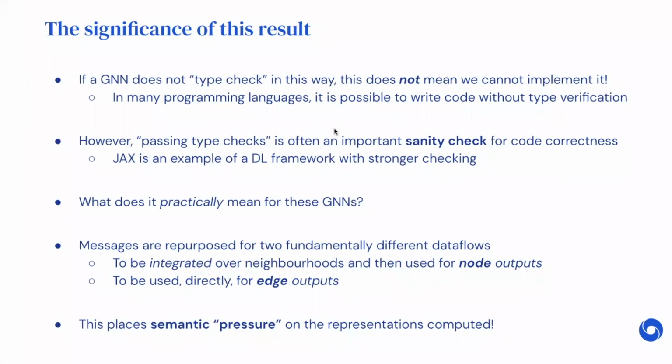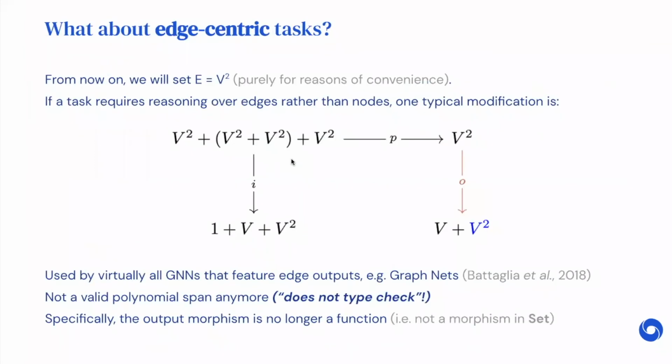So what does this practically mean for those GNNs, right? Well, if you look at this previous diagram, your message on V squared is now being used for two different things, right? It's being used to predict an output on the level of the nodes and also to predict an output on the level of the edges. And for the first one of those, it needs to be good enough to be integrated with all other neighbors, right? So you're repurposing the same message for two potentially very different purposes, right?